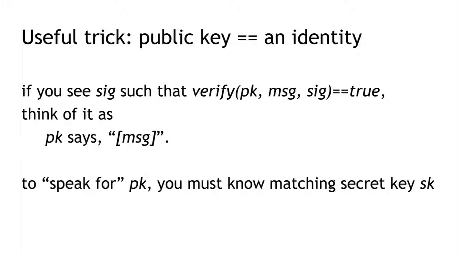You can literally think of a public key as kind of like an actor or a party in a system, and that they can make statements by signing those statements. And so if you think in that mindset, then this public key is like an identity. It's an actor who can do stuff in the system. And for someone to speak for PK, that is for someone to be able to make statements that will be seen as coming out of PK's mouth, you have to know the matching secret key, SK.